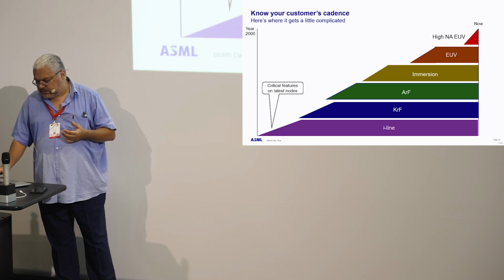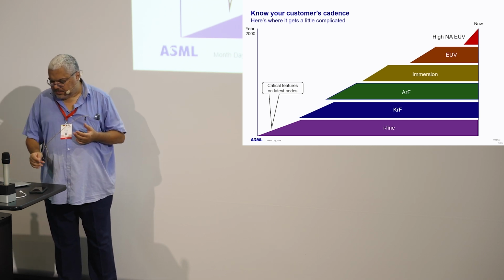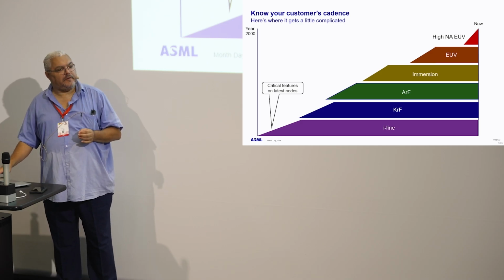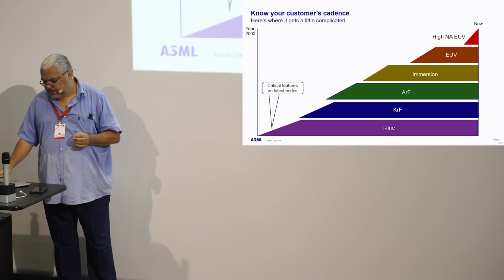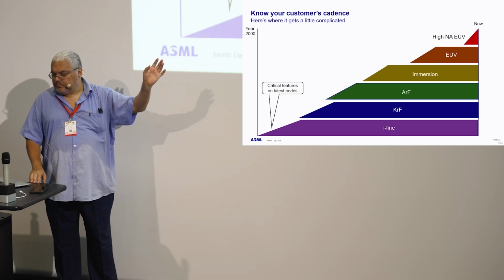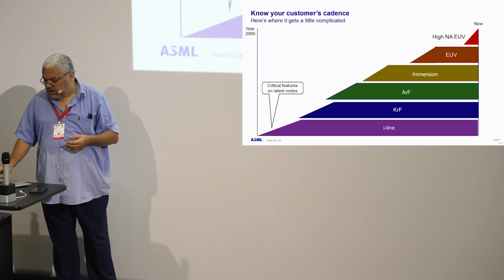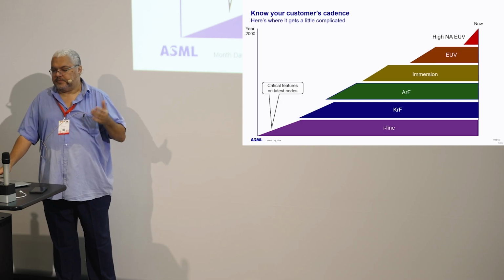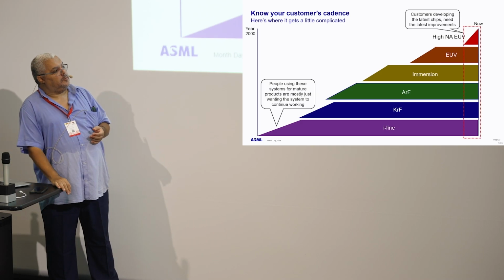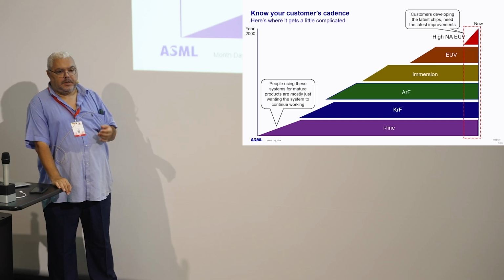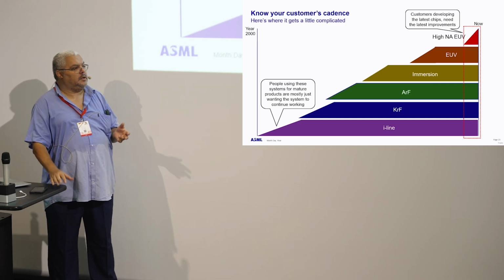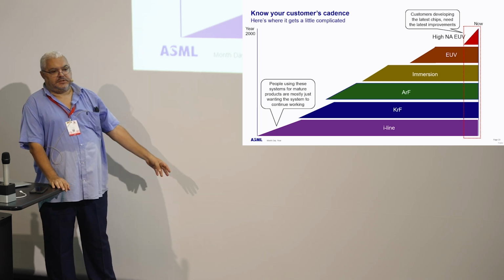And what we see is that, as I say, knowing our customers' cadence, here we have a bit of a problem. Some of our customers are still working on entire processes that only use I-line or maybe use krypton fluoride. But some of our customers who are making things like the AI chips or the latest mobile phone chips, they're using a mixture of all of these systems.